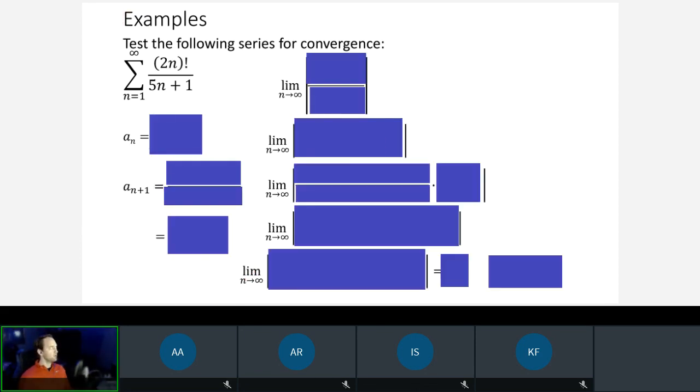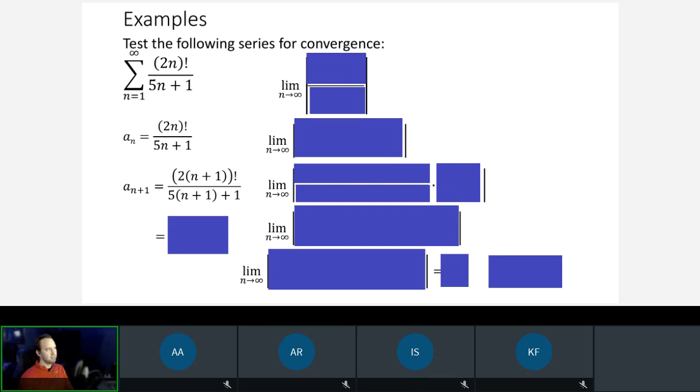Hey, let's try to go a little faster this time. So a to the n is just that stuff. A to the n plus 1, well, you just plug in n plus 1. I'll give you a moment to catch up. So a sub n plus 1, you're plugging in n plus 1 into the n variables.